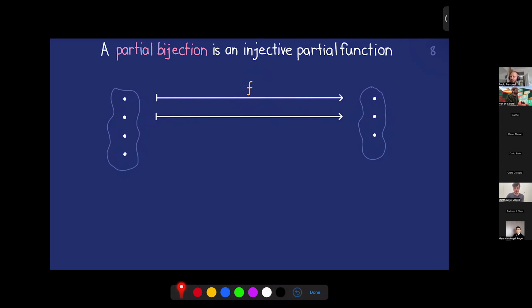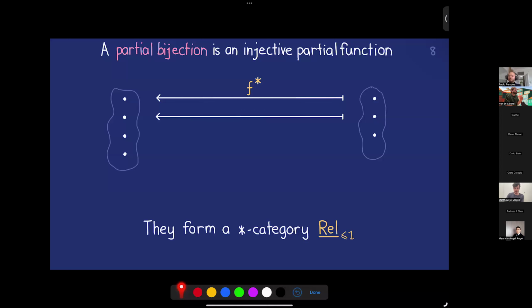The point is that these partial bijections form a star category. The adjoint operation is just the transpose of F as a relation, so it just makes the mapping go the other way.